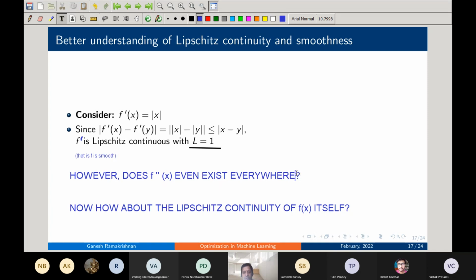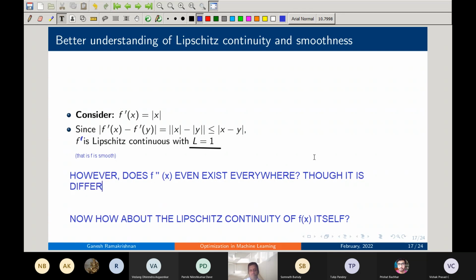Going back to f double dash, it's not differentiable everywhere, but it is differentiable almost everywhere.